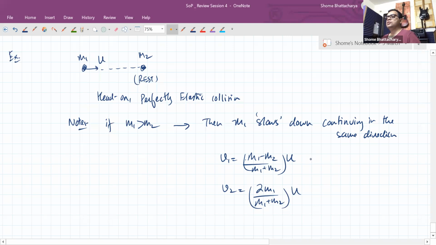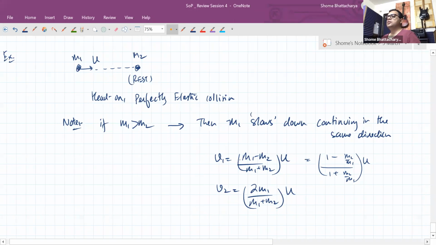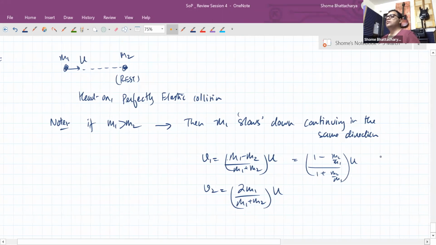So this becomes like (1 minus m2 by m1) upon (1 plus m2 by m1). So you can see that what is happening is that v1 is positive because m1 is greater than m2, but v1 is less than u.